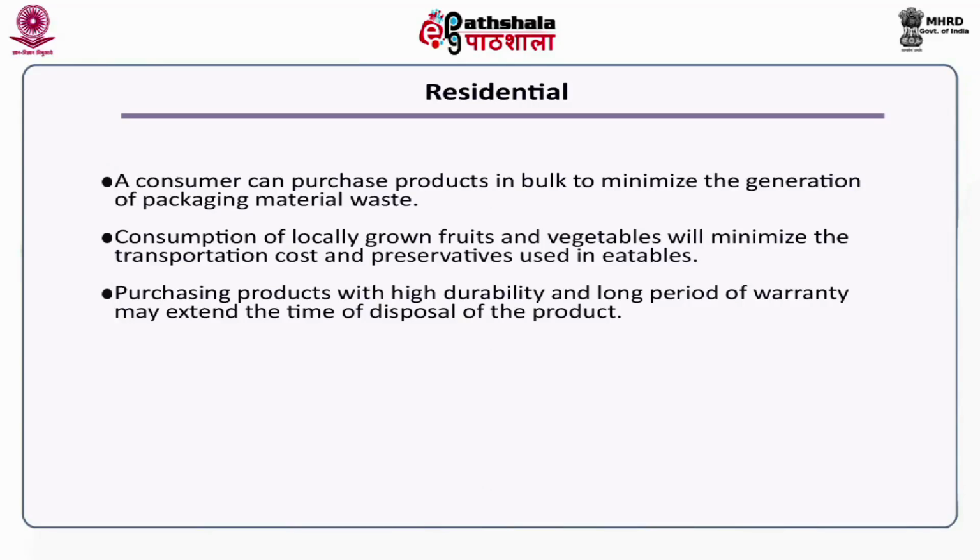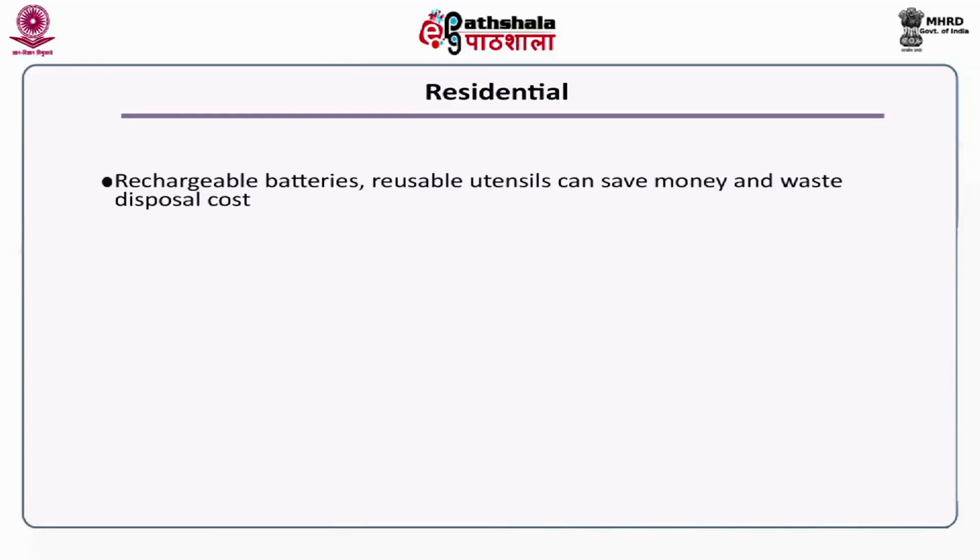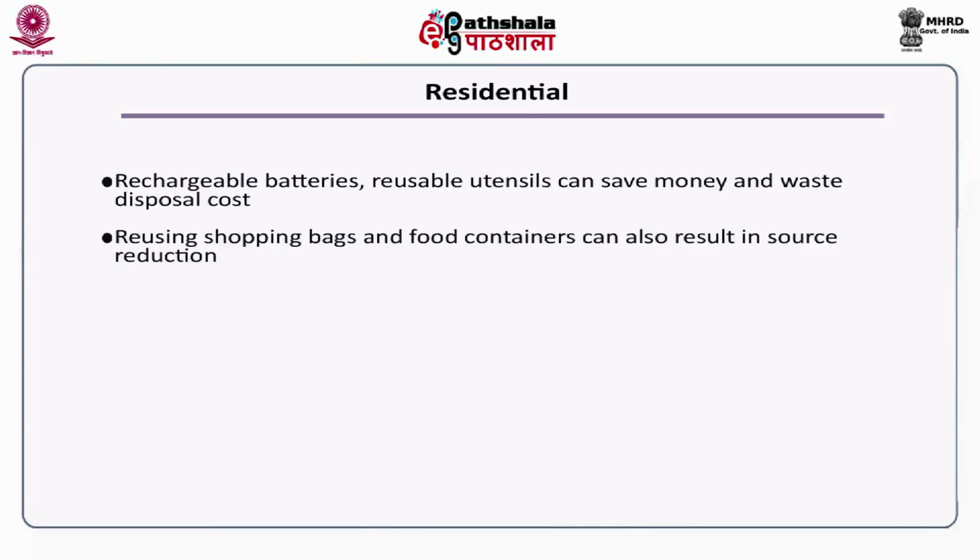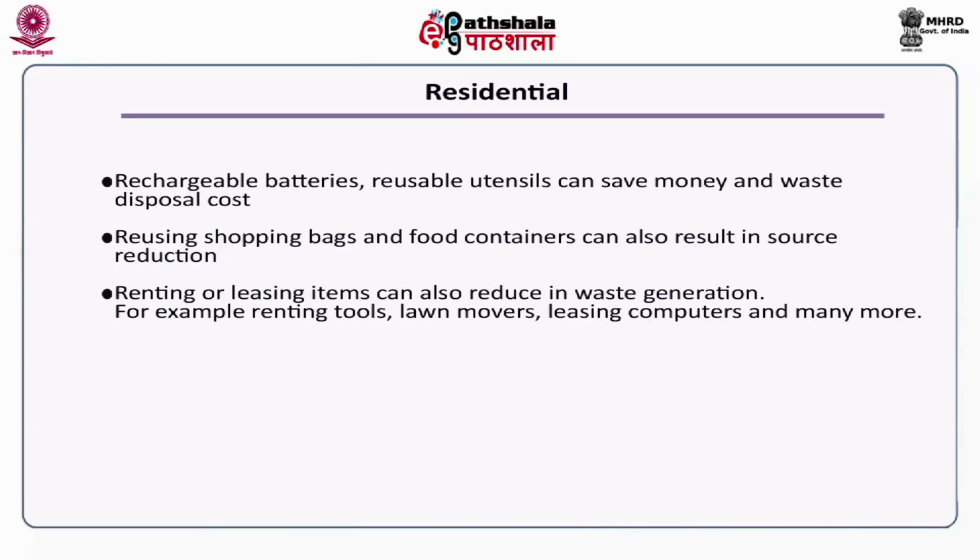The other thing is purchasing products with high durability and a long warranty period, which can extend the time of disposal of the product. You can also use rechargeable batteries and reusable utensils, which can save money and waste disposal cost. Reusing shopping bags and food containers can also result in source reduction. Renting or leasing an item can also serve as a source reduction technique.